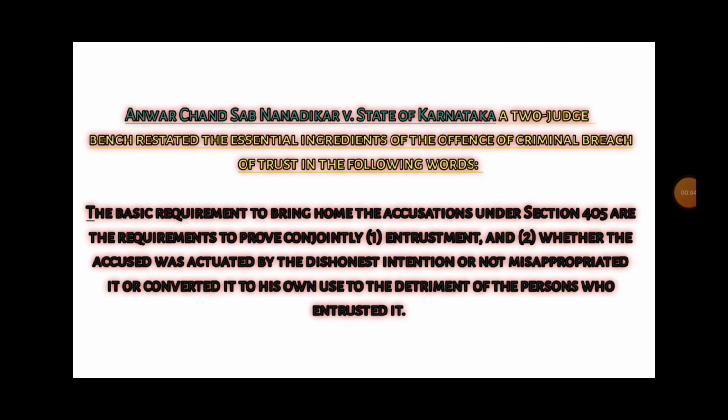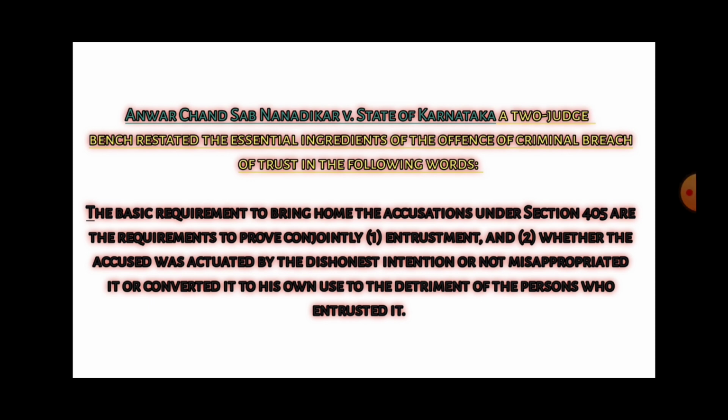So now, with the help of the judgment given by the Supreme Court, we will be able to understand in more detail the essential ingredients which constitute criminal breach of trust. Anwar Chand Sab Nanadikar versus State of Karnataka.